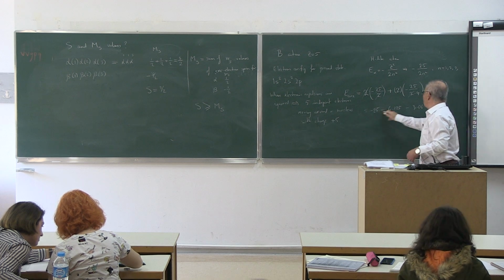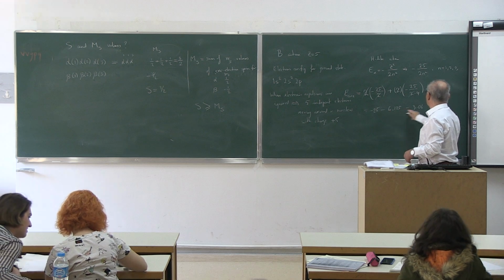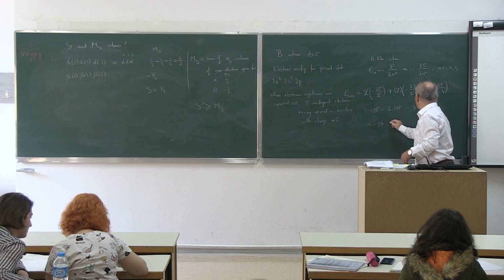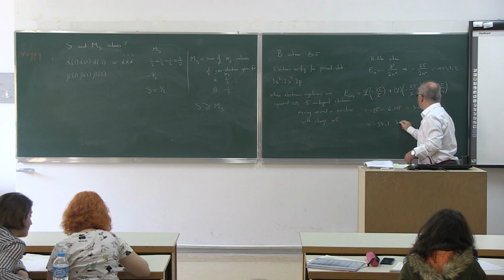So 21, 30, 31, 25, 31 plus 3, minus 34 Hartree.